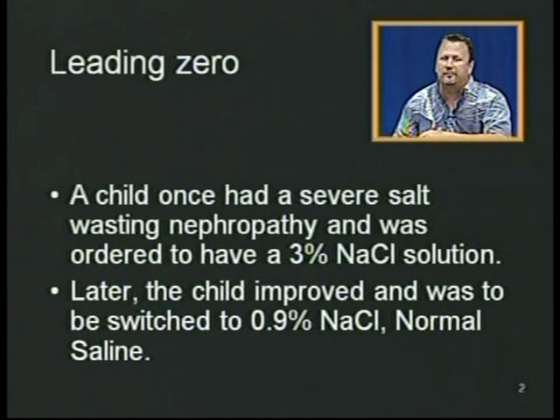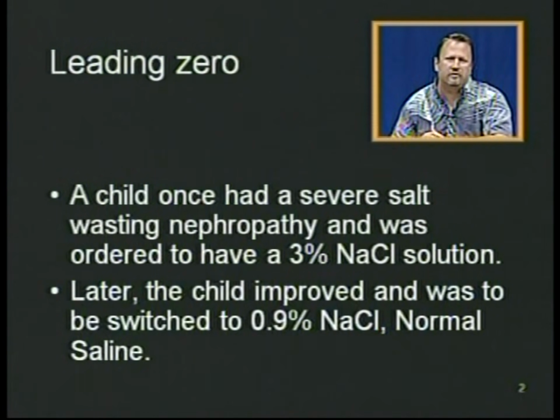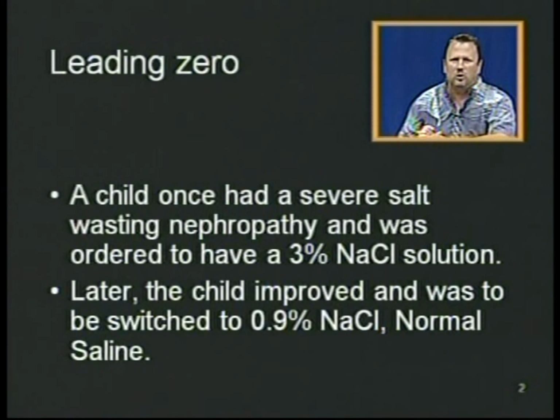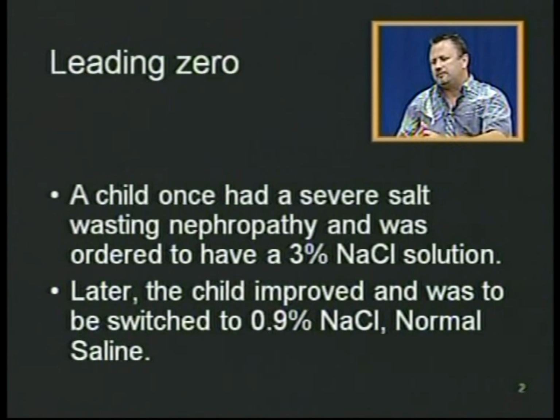It's not normal for someone to get a 3% sodium chloride solution, so it'll be very rare. You might see it occasionally, but it's very rare for somebody to get 3% sodium chloride unless they have a severe salt-wasting nephropathy.